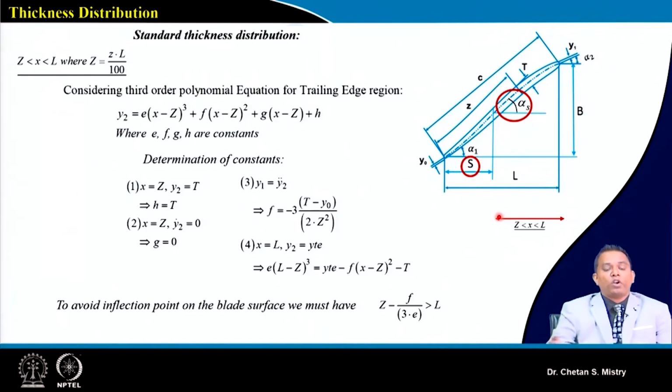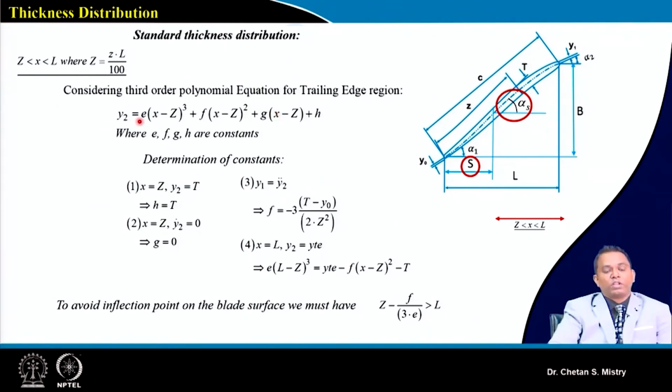So the third order polynomial equation is defined in a different way. This is the equation that people have defined. As I told, there is nothing that is fixed. You can use your own equation based on your requirement. Maybe based on your computational study, you can modify this distribution.